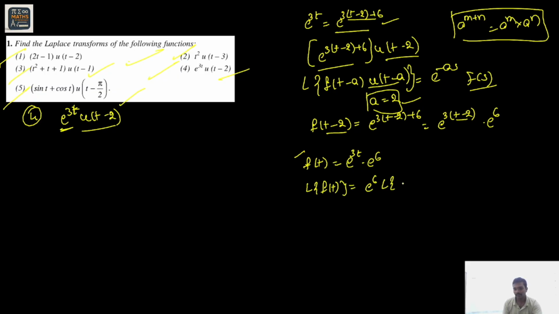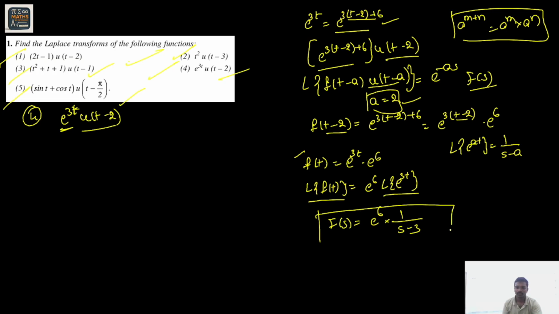Now we apply Laplace for this term. E power 6 is a constant; we apply the Laplace only for the t terms. Then Laplace of e power 3t. We know that Laplace of e power at is equal to 1 by s minus a. By using this, Laplace of f of t, f of s, is equal to e power 6 into 1 by (s minus 3). We substitute this term here and the value of a here, then we get Laplace of e power 3t u of (t minus 2) is equal to e power minus as into f of s.